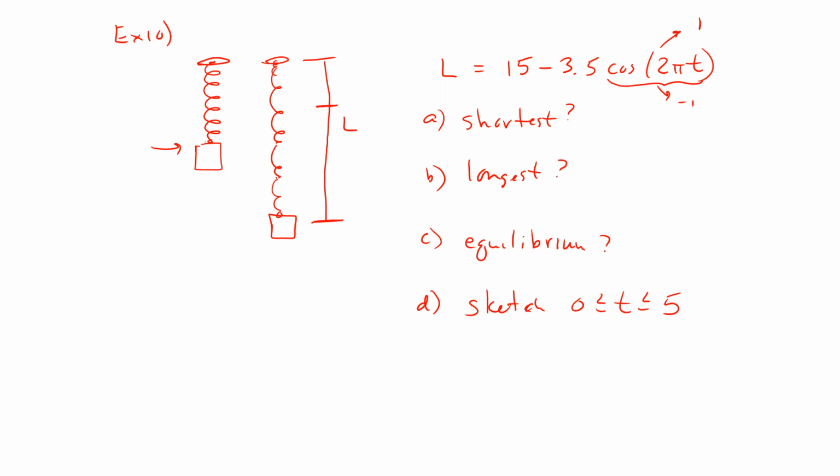So the maximum for cosine is 1, but when we put it into this little equation, that might not be the maximum value of the equation. Because you could be subtracting things instead of adding things. So on the bottom here, -1 is the other part. So this would be 15 minus 3.5 times -1.